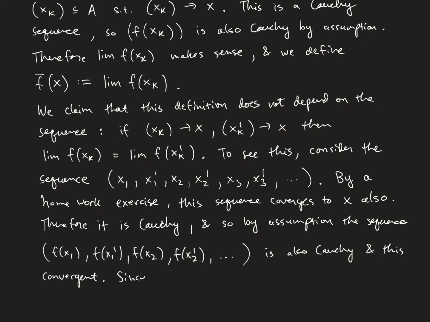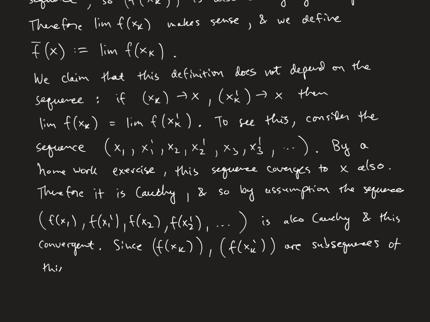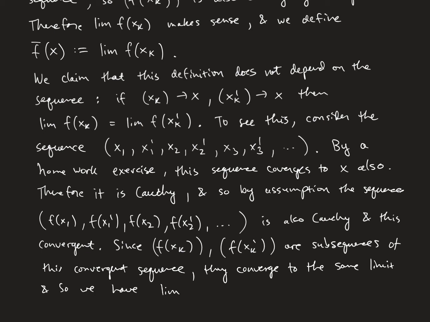So since f of xk and f of xk prime are subsequences of this convergent sequence, they converge to the same limit, and so we have that the limit of f of xk is equal to the limit of f of xk prime as claimed.